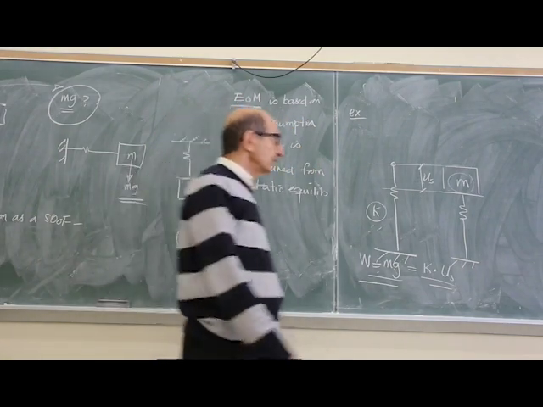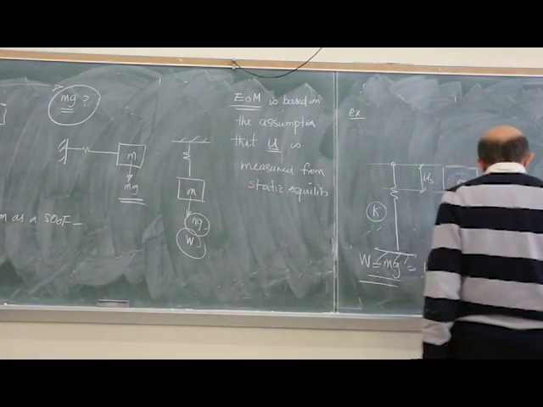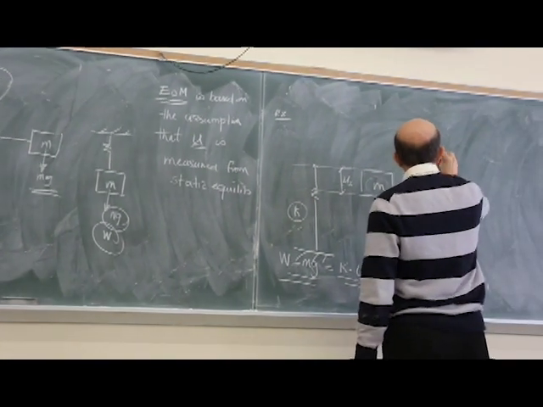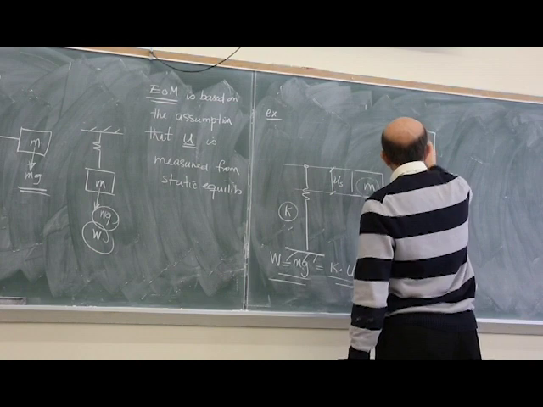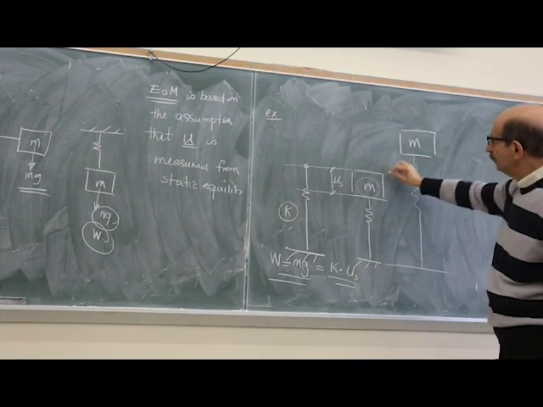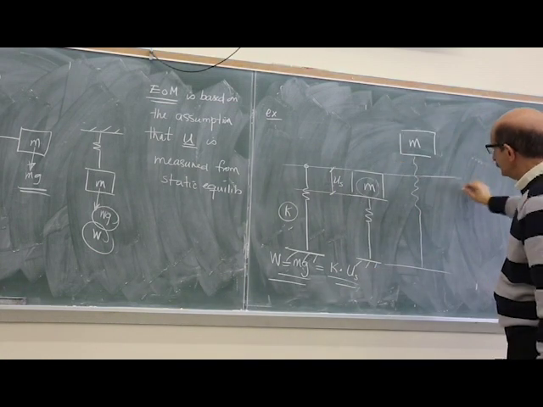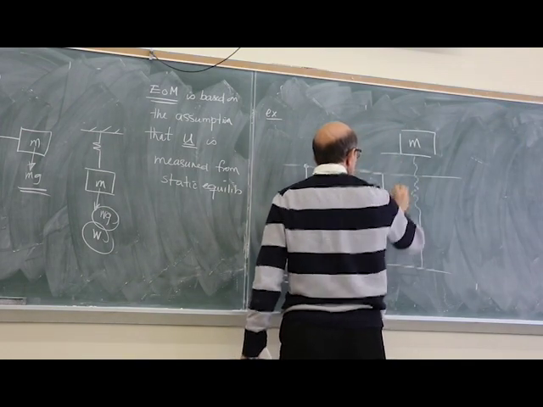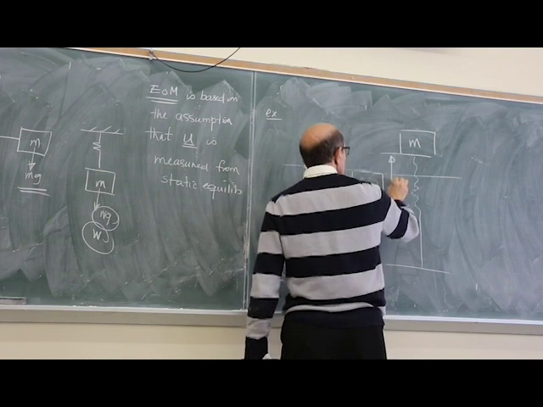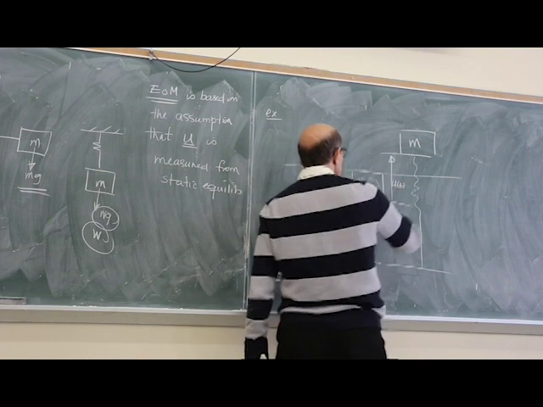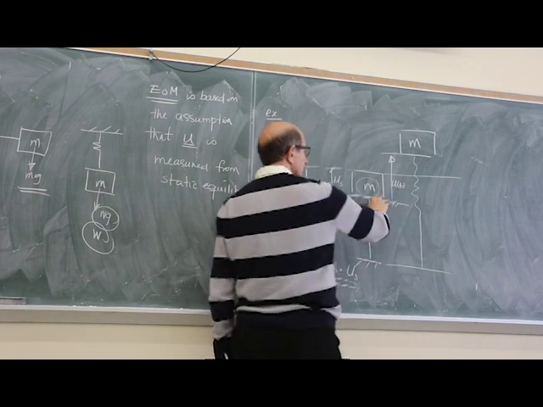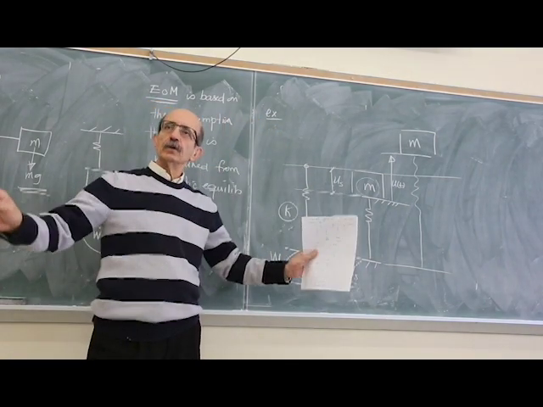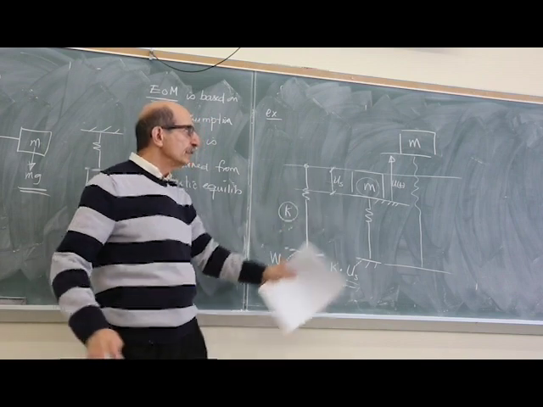Now what we're saying is that when you talk about vibrations, you are basically measuring this u from the static equilibrium position. After this thing has settled, is in equilibrium, that's where you measure it from.